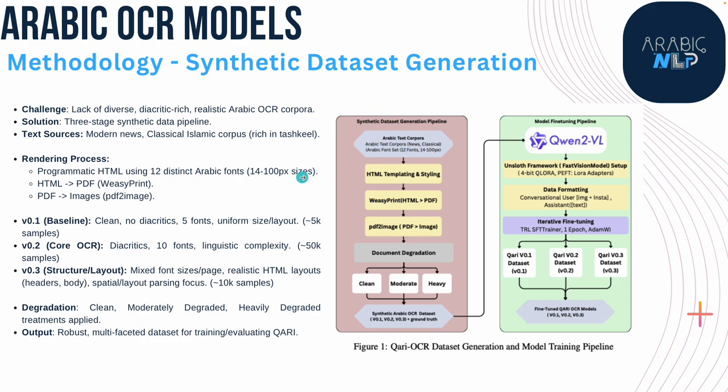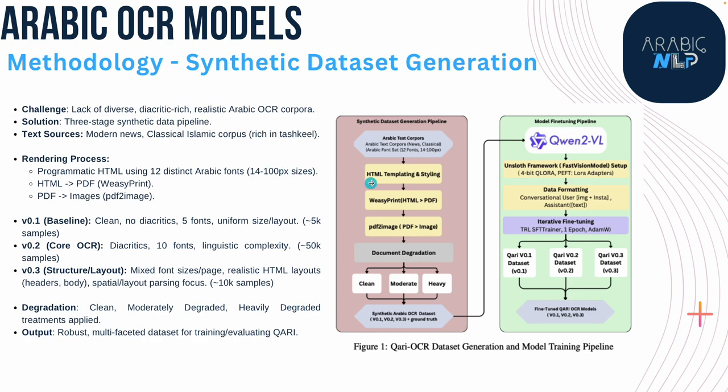This is one big challenge when we try to build a really good Arabic OCR system, because getting enough high quality training data, especially data with lots of diacritics, different fonts, and realistic page layouts, is not an easy task. We don't have that much high quality data in public. So we built a special system to create our own training data, and this process had three main steps.